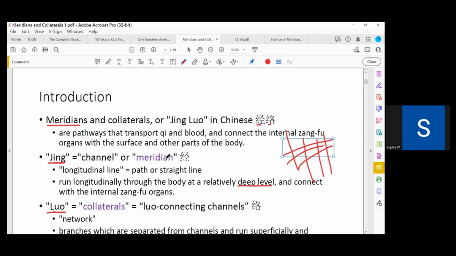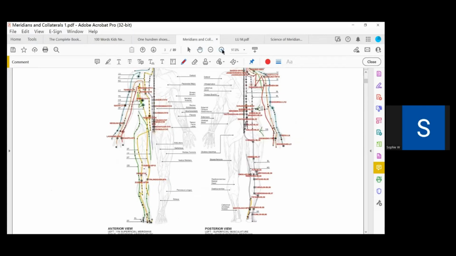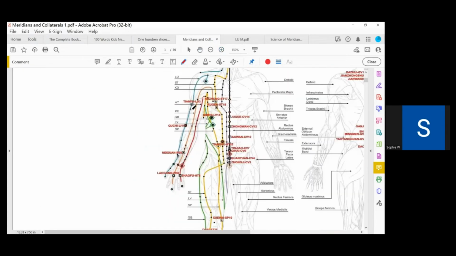In this picture, that's the meridian. The meridian goes deeper and will connect with some organs. The collaterals are more superficial.